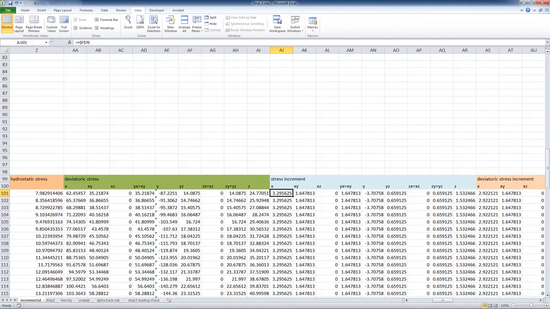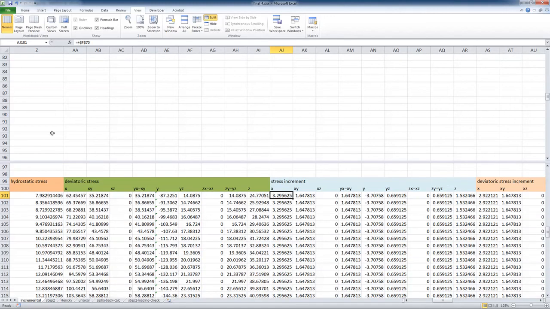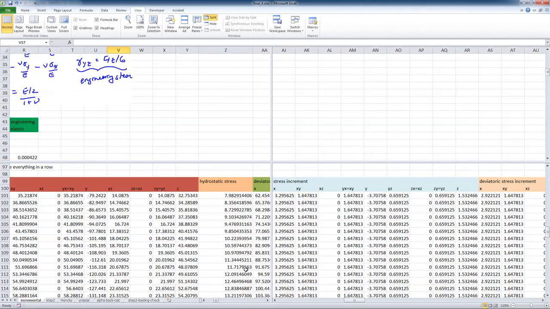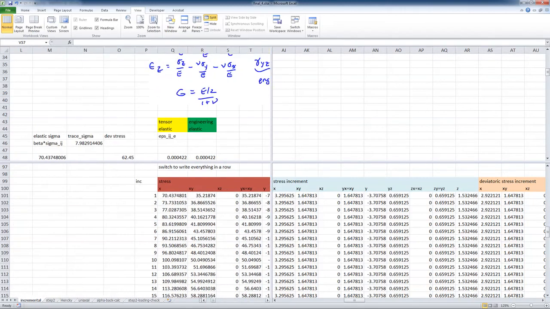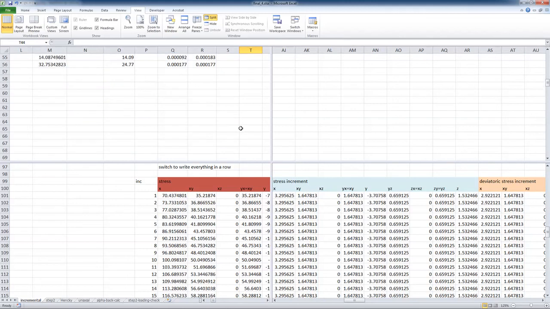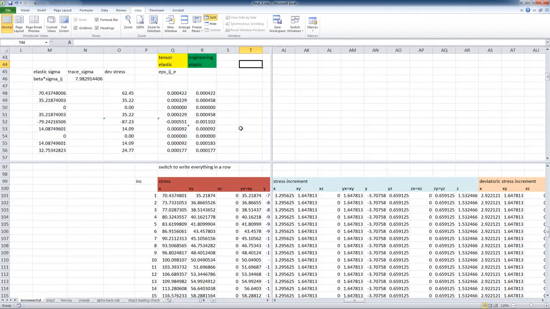Let's double check that real quick. And in general, watch out for any errors that might be in here. I'm not going to promise that this is absolutely correct in every case here. What we want to make sure is that we have the right value for our deviatoric stress increment.